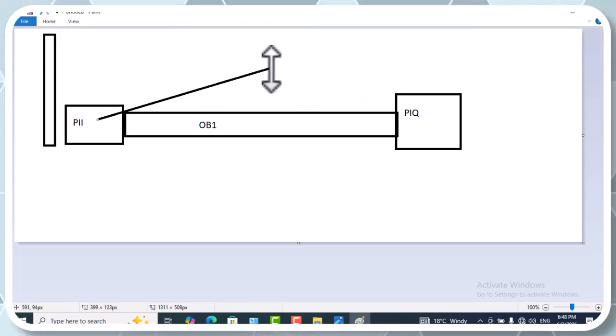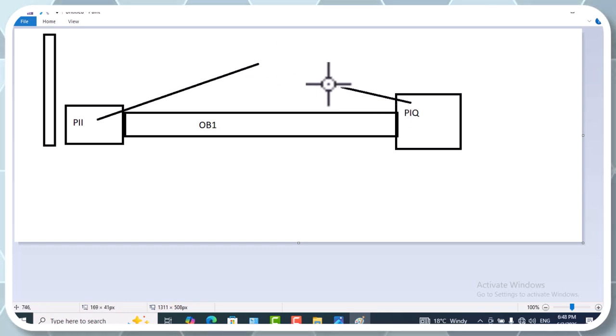Cycle by cycle it updates this value, and after the cycle ends, it updates this value.